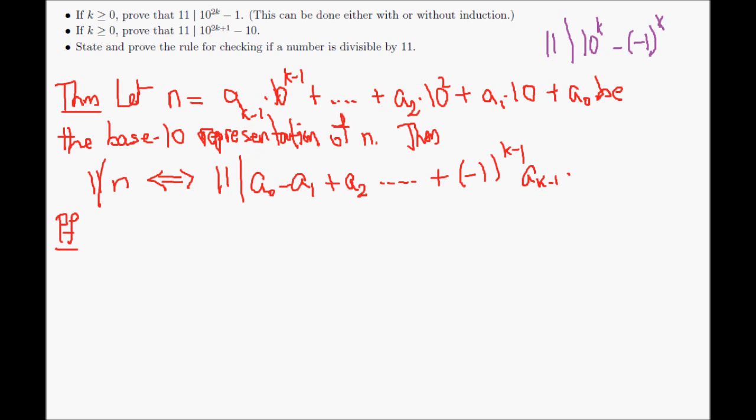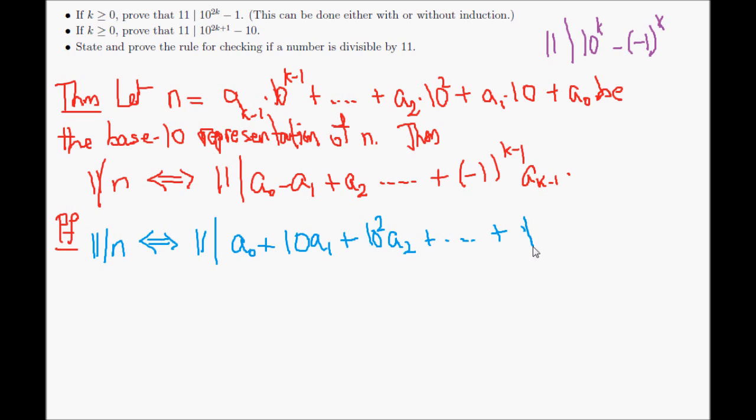Well, the proof will be fairly straightforward using the lemma in purple that we wrote up top here. 11 divides n if and only if 11 divides a sub 0 plus 10 a sub 1 plus 10 squared a sub 2 plus 10 to the k minus 1 times a sub k minus 1.